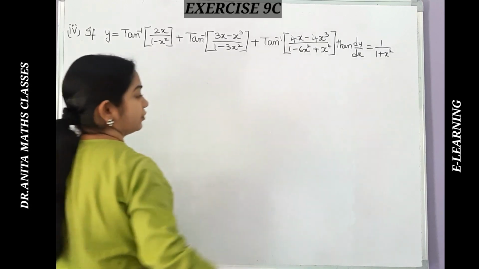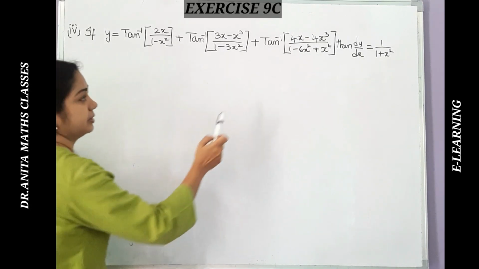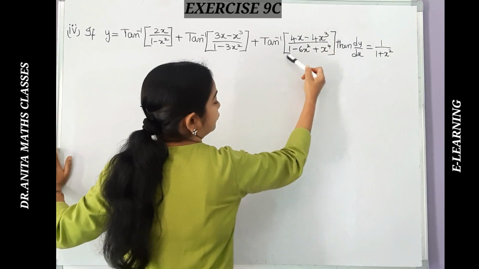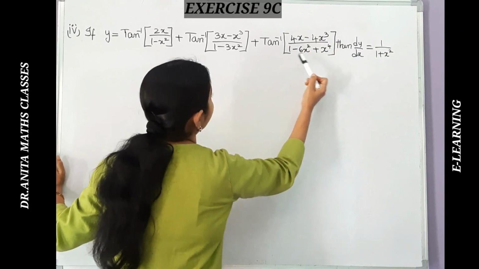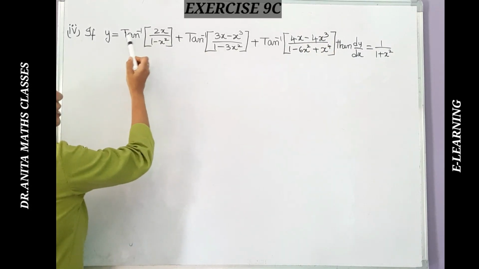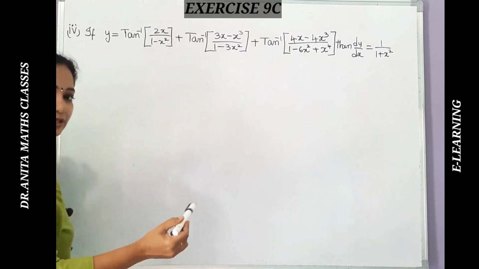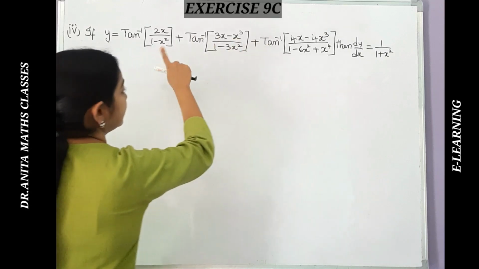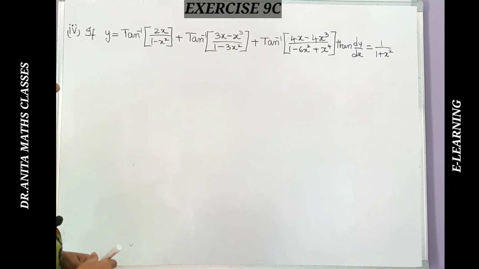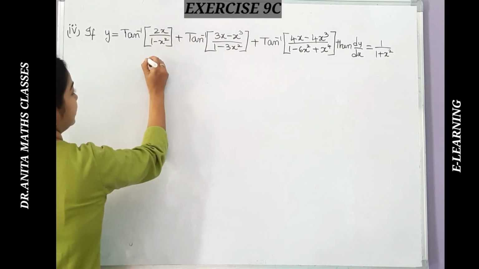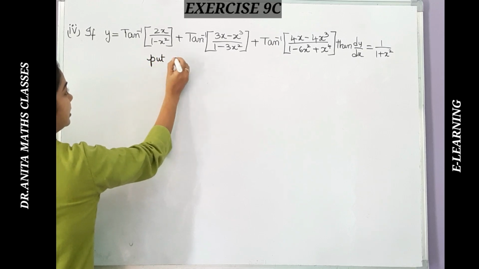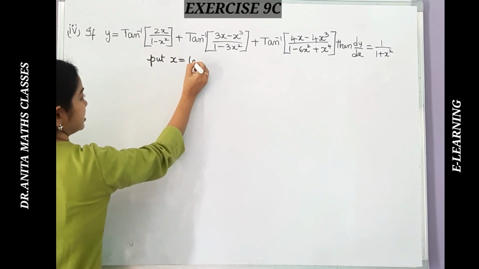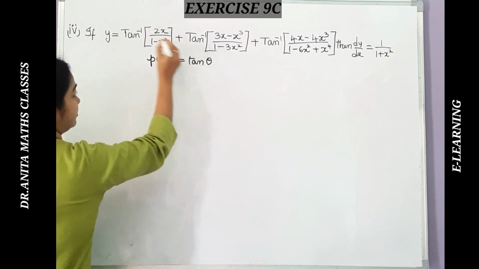Although you don't know the formula, that was not there in the intermediate, here this is the tan 4 theta formula. When we are getting the inverses, we need to reduce these equations into trigonometric ratios so that the inverse and the tan get cancelled. Okay. So let us take here, let x equal just tan theta.